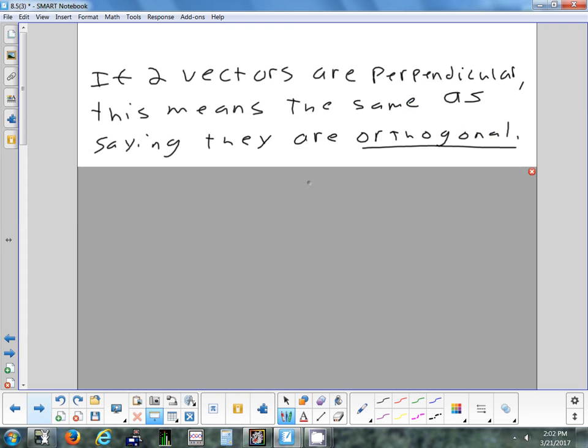So when we talk about vectors, the idea is still perpendicular. They just use a different word to describe it. They call it orthogonal. So if you see a question that says, are the two vectors orthogonal? It just means, are they perpendicular? Okay? Same thing.